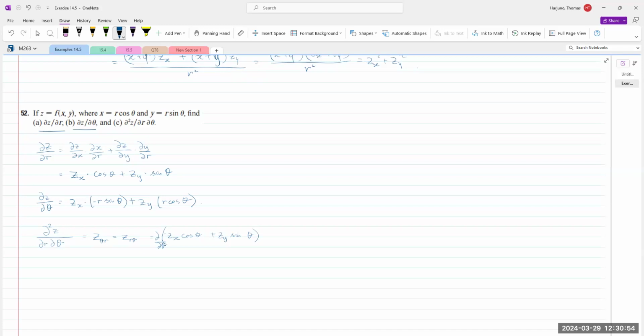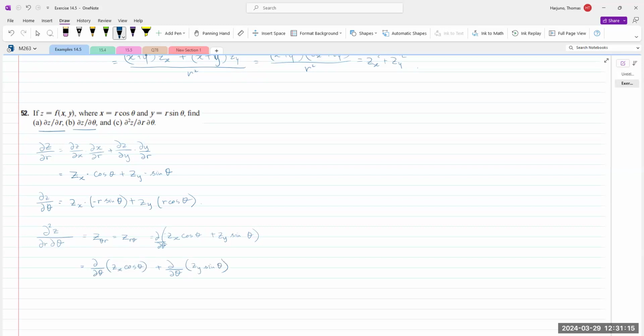Now let's break it up first. This actually consists of two parts, right? So I will do the partial with respect to theta of z sub x cosine theta plus the partial with respect to theta of z sub y sine theta.